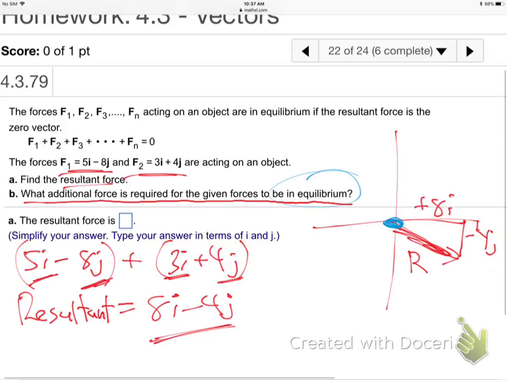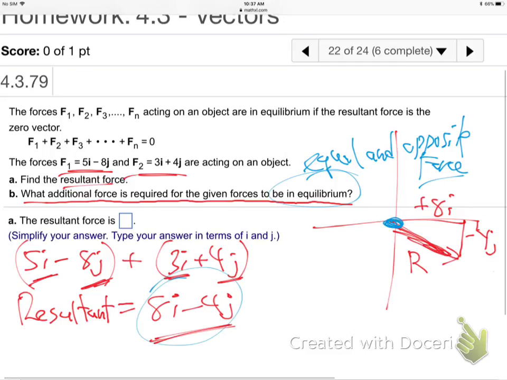And that's what they're talking about. Equilibrium. Equal and opposite force. So they're asking, what's the equal and opposite force that needs to push on that ball so it won't go anywhere? Well, here's the resultant force. What's equal and opposite? Would it be -8 positive? Yeah, -8i plus 4j. Done. Isn't that easy? So easy. The equal and opposite force.